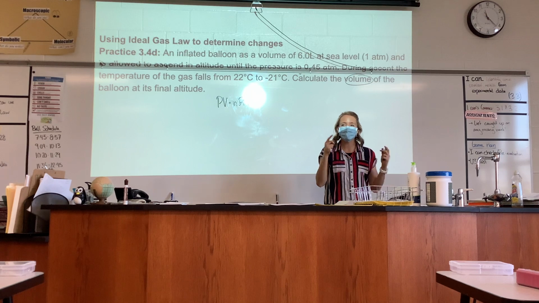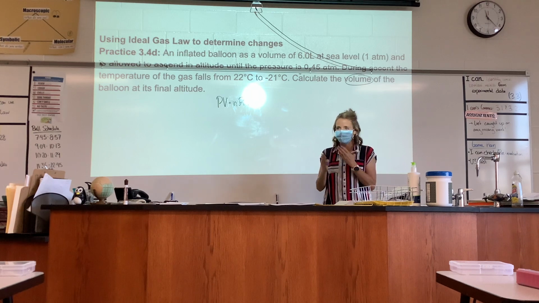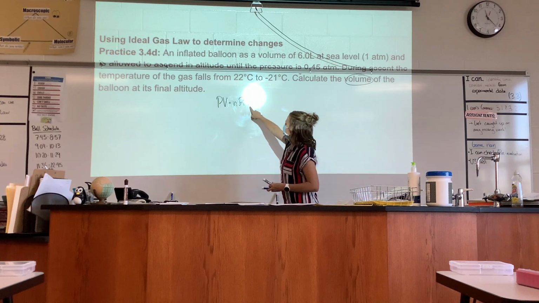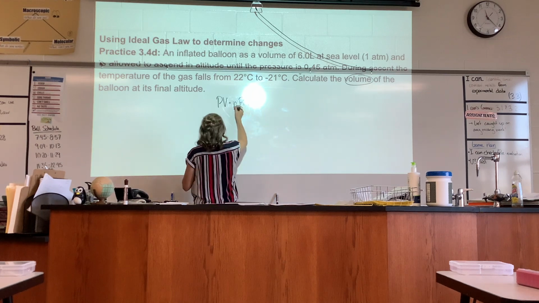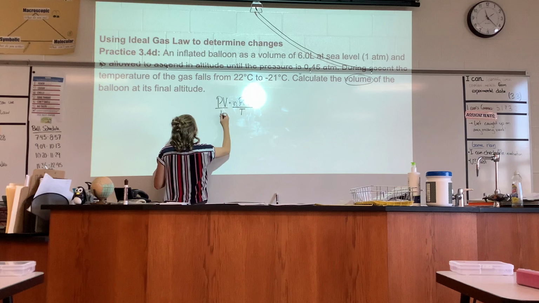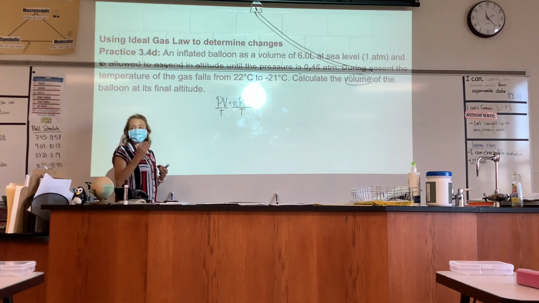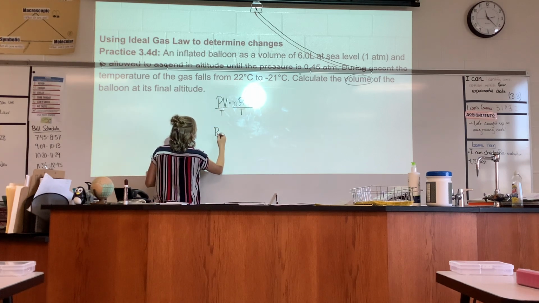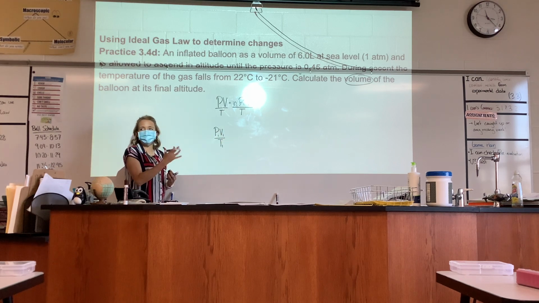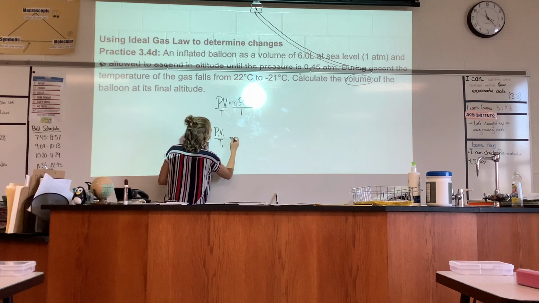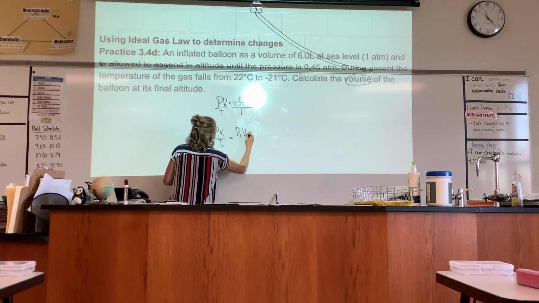Second step is rearrange and put all the variables on one side, and we're going to make a before and after equation. So I'm going to move T, divide it over, so everything's on one side. My new equation is now P1 V1 over T1, that's the before, will equal P2 V2 over T2.